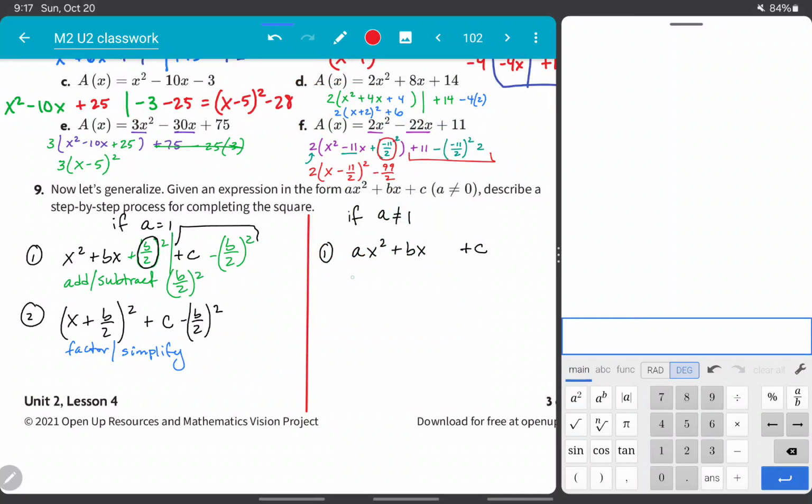So we're going to rewrite that as a times x squared plus b over a x, plus c. So we'll call this factor a from first two terms.